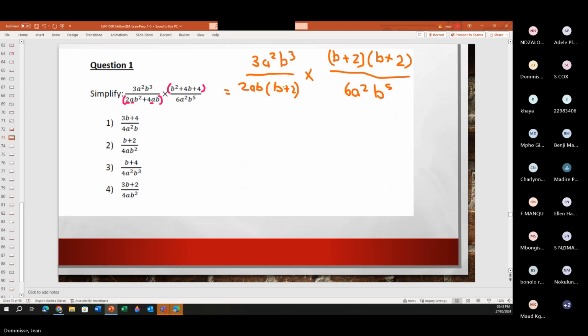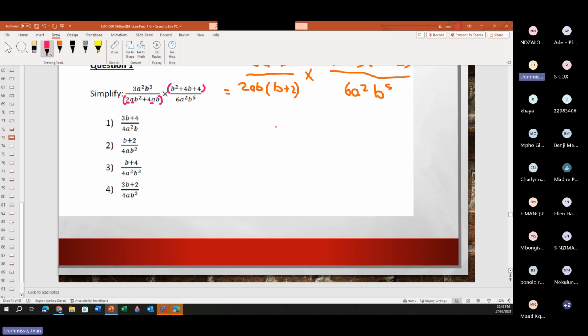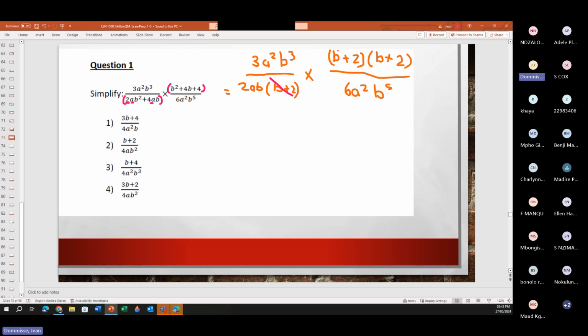Okay, so let's take another color. That and that cancels out. A2 cancels out. B3, that cancels out. So what's left is 2, because 5 minus 3 is 2. So at the top, we can still, 3 goes into 3 once, 3 goes into 6 twice.